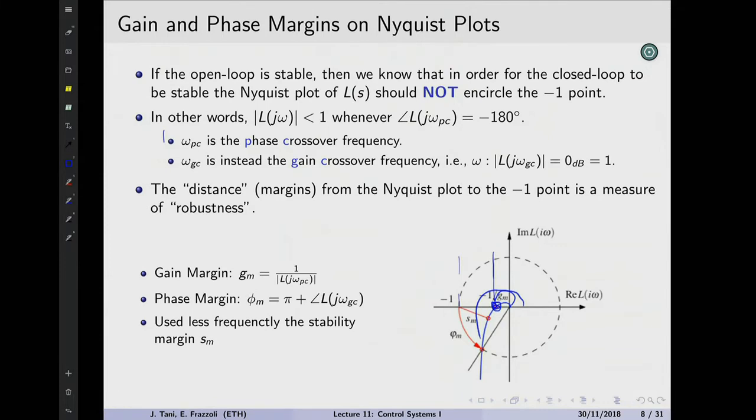And then equivalently, if we just add a phase to the system, what we're doing is rotating the Nyquist plot, letting the magnitude stay whatever it is.